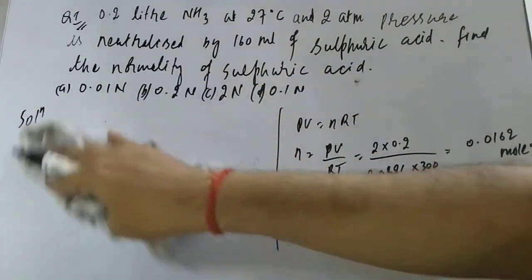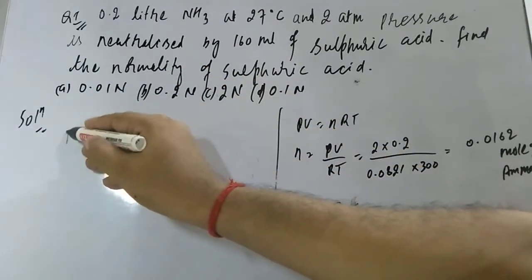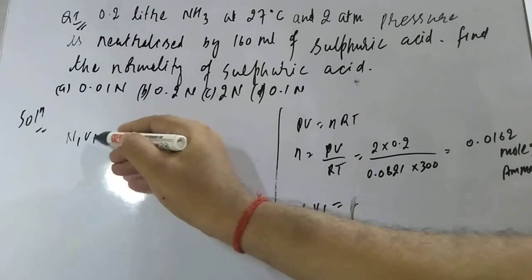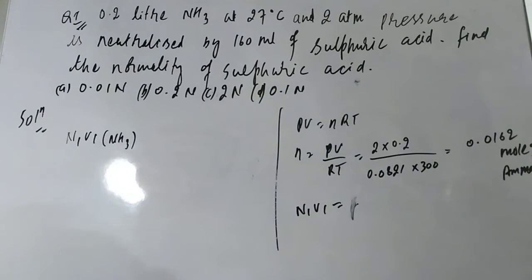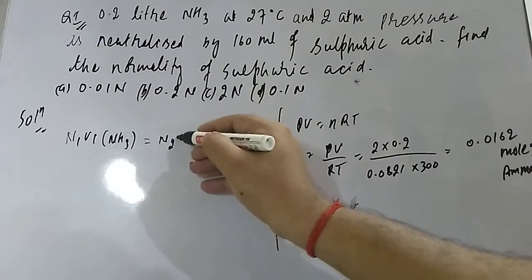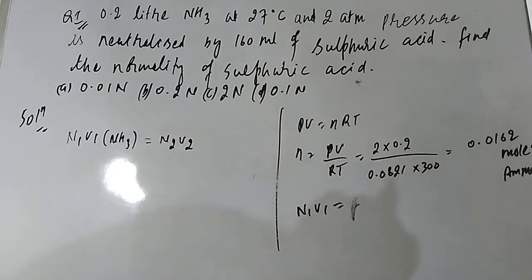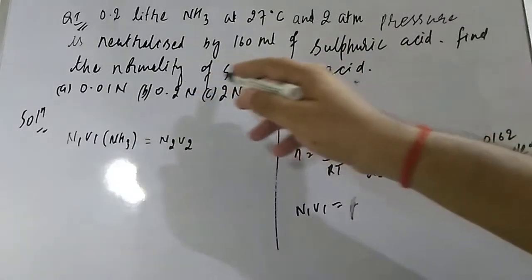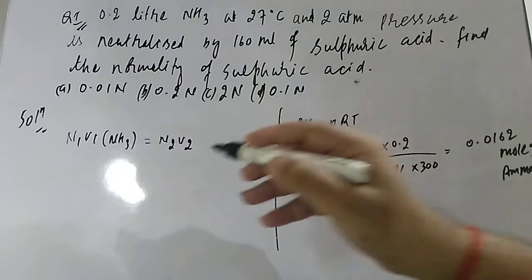For the neutralization reaction we can write N1V1 for NH3 is equal to N2V2. They are asking for N2, the normality of sulfuric acid.